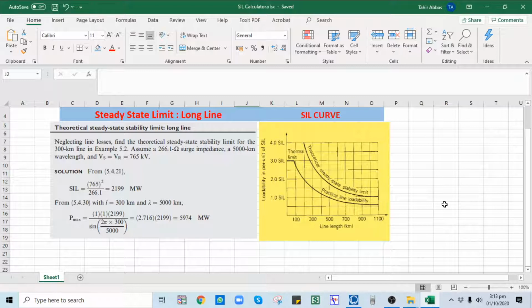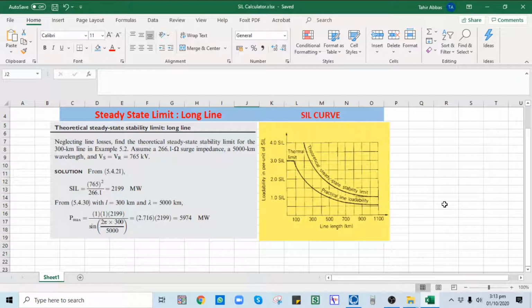So from the formula that you will find in the 5th chapter of your Glover Sharma book, Power System Analysis and Design by Glover Sharma, for a length of 300 kilometer and the wavelength of 5000 kilometer, the P max, the maximum limit on a transmission line can be found, that is 5974 megawatt.